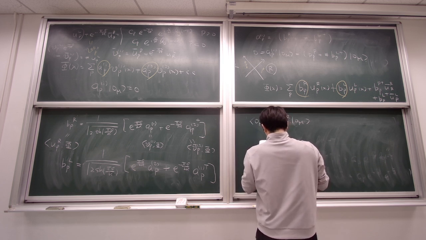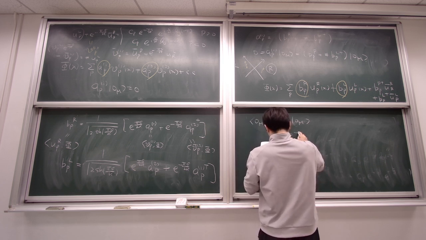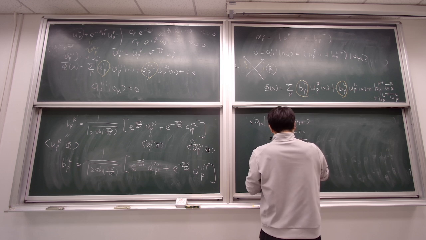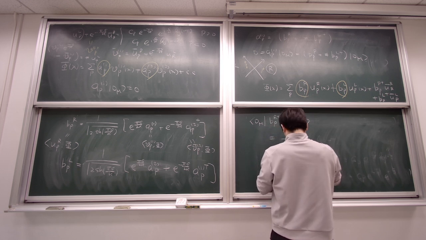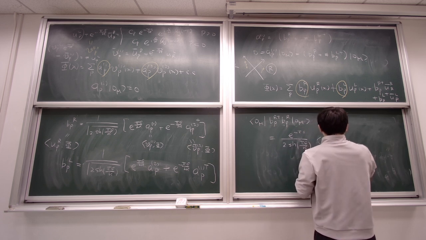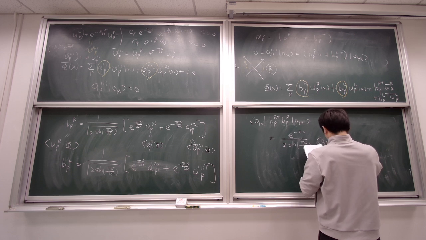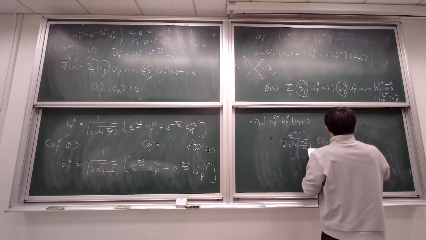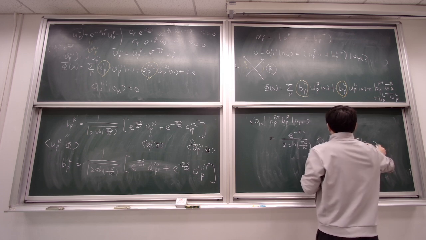Okay, and then we have e to the minus pi sigma over 2 sinh pi sigma over kappa, and then 0_M AP dagger AP, and 0_M.